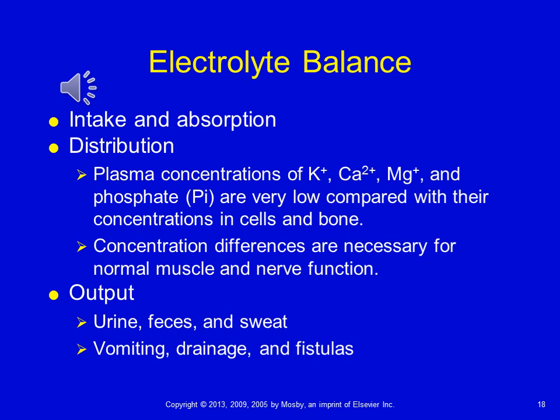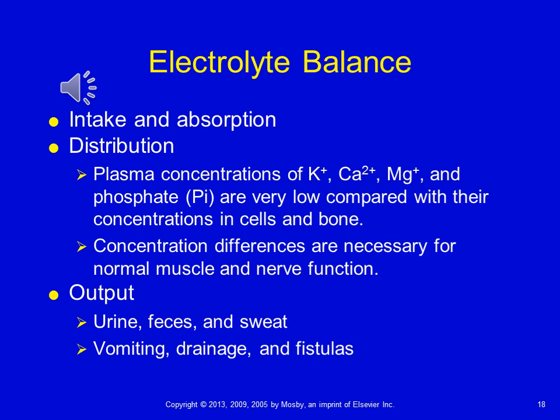Electrolyte distribution is an important issue. Note that the electrolyte values that you review from lab reports are measured in blood serum and do not measure intracellular levels. Electrolyte output occurs through normal excretion in urine, feces, and sweat. Output also occurs through vomiting, drainage tubes, and fistulas. When electrolyte output increases, electrolyte intake must increase in order to maintain balance.